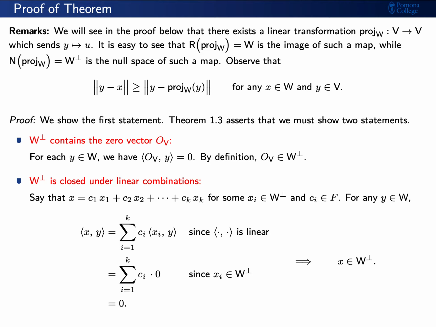But now each x sub i is in W perp and y is in W, so by definition, the inner product of x sub i with y is 0. So if we sum over 0, we find 0. This is the same thing as saying that x must be in W perp because, again, the inner product is 0 for all y in W.